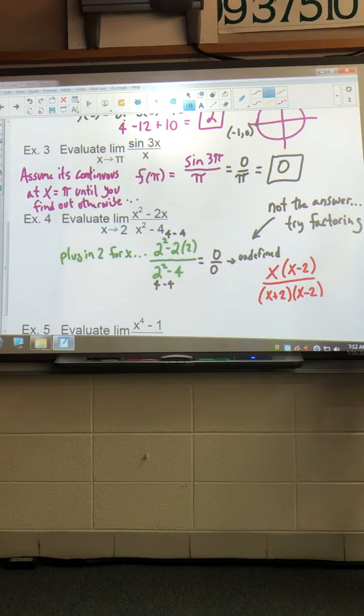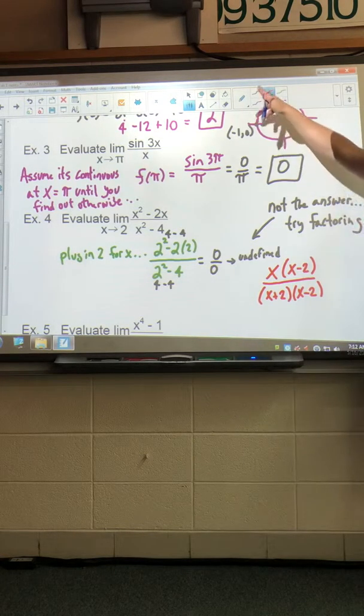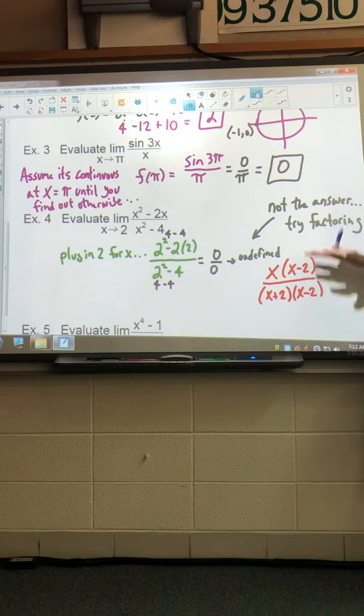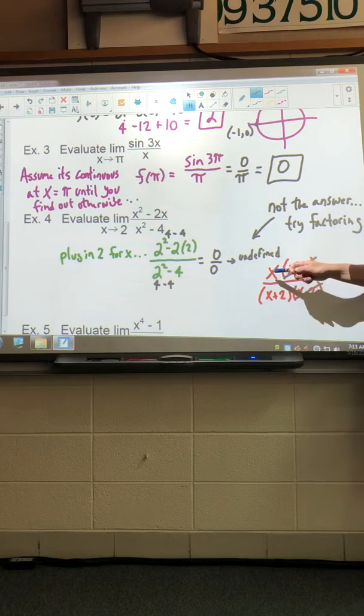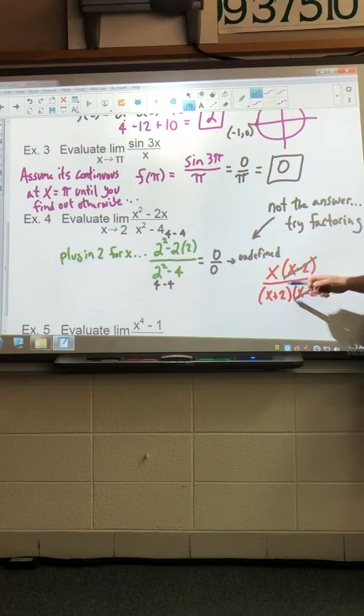So we factor, and then we hope that it simplifies in some form. So in this case, the x minus 2's cancel out. Now you're just left with x over x plus 2.